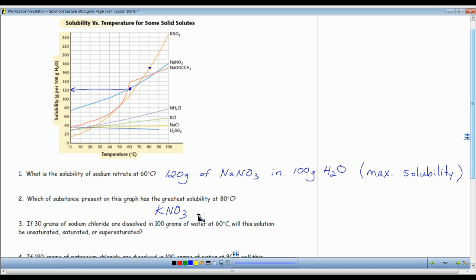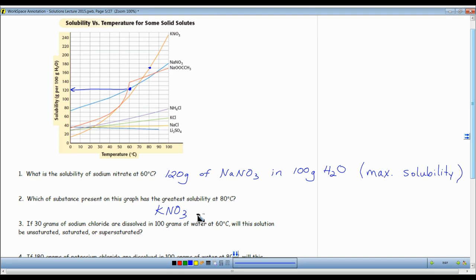If 30 grams of sodium chloride are dissolved in 100 grams of water at 60 degrees, will this solution be unsaturated, saturated, or supersaturated? Okay, so the key is to ignore that 30 grams of sodium chloride. Let's look for sodium chloride on the graph and first find its maximum solubility at 60 degrees.